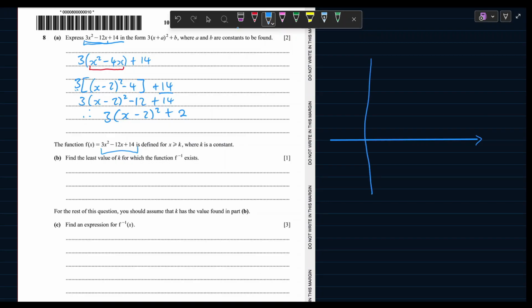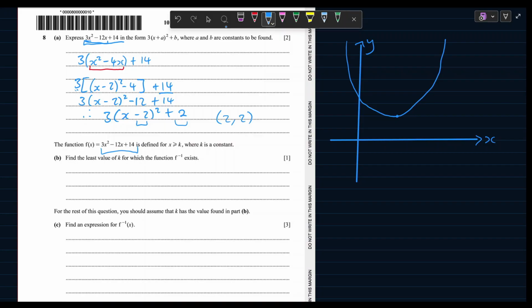This is our y-axis, this is our x-axis, and we are looking at a turning point of (2, 2), because if you read out the coordinates of the turning point, they're going to be (2, 2). And we know that our term in x squared has a positive coefficient, so we're looking at this shape over here.